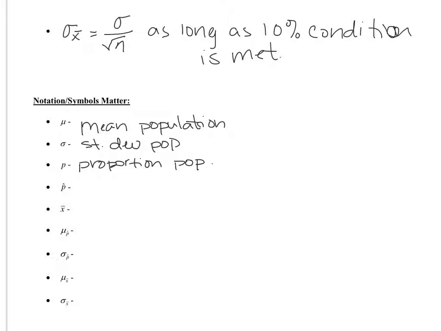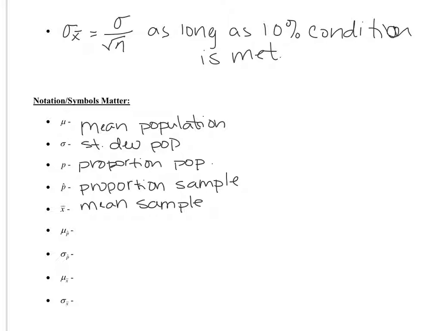P hat is equal to the statistic, the proportion of the sample. X bar is the mean of the sample.